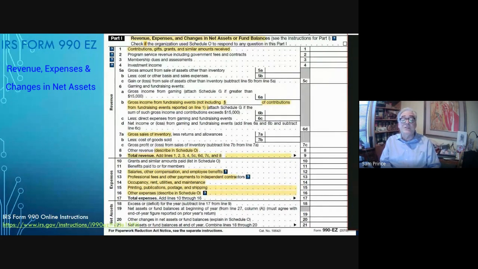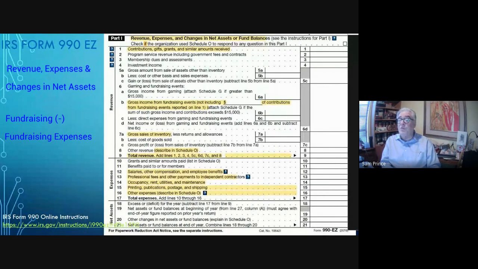Gross income, 6B, gross income from fundraising events, which would not include the contributions discussed above. If you run a special event and you charge people an admission or you sell tickets, and in addition to that, let's say you have a silent auction, you generate revenue.